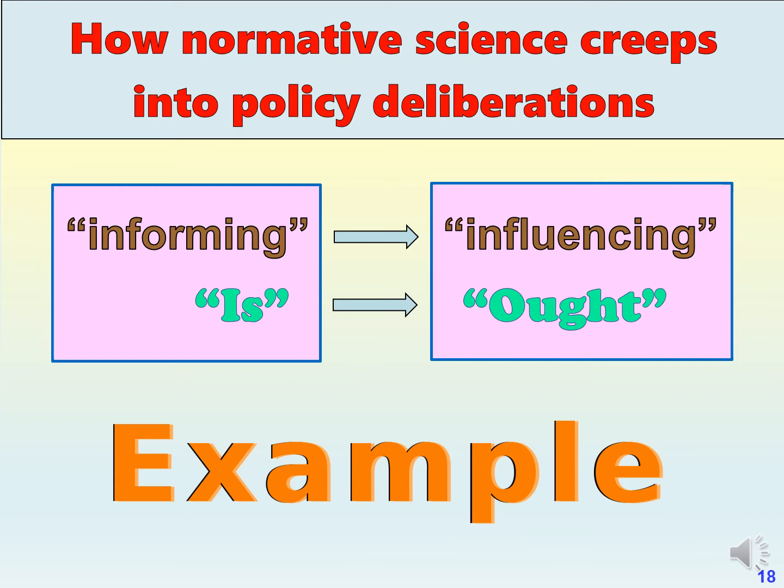It's also couched in subtle terms, like scientists will often say their job is to inform the public, whereas policy advocates will say, I'm using science to influence the public, which really means I want the public or decision makers to adopt my policy preference. So normative science is essentially moving from the box on the left, the is, the informing box, into the influencing or ought box. Well, let me give an example here of what this means in practice.